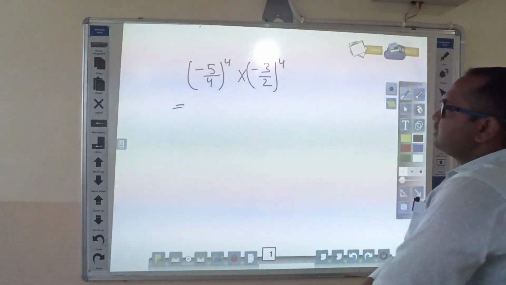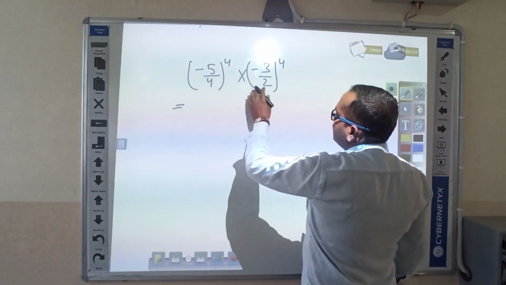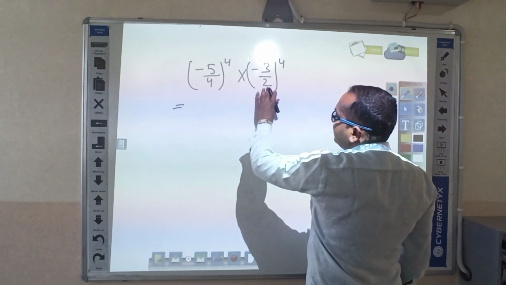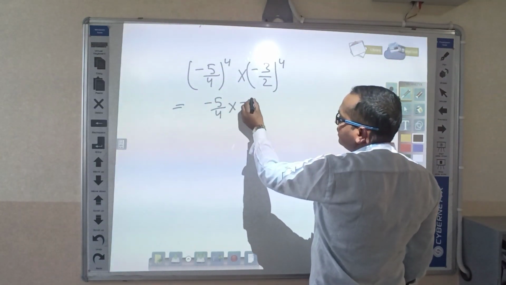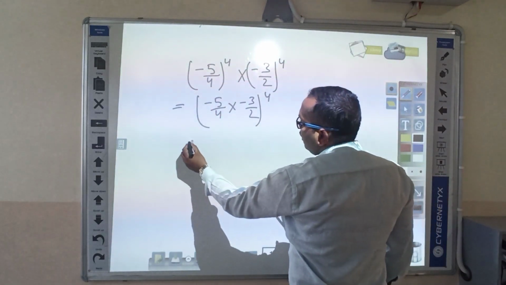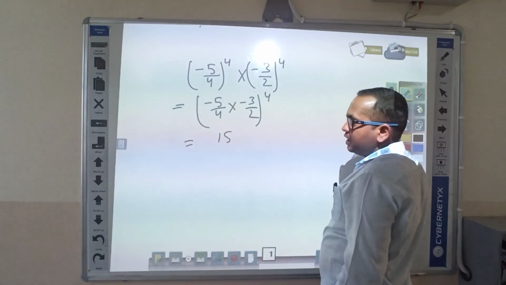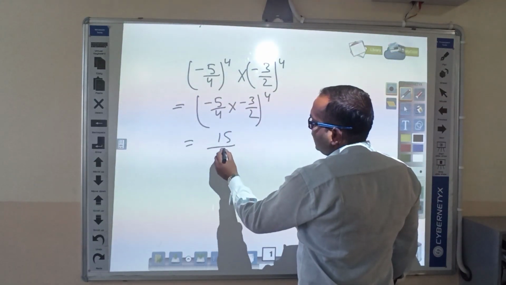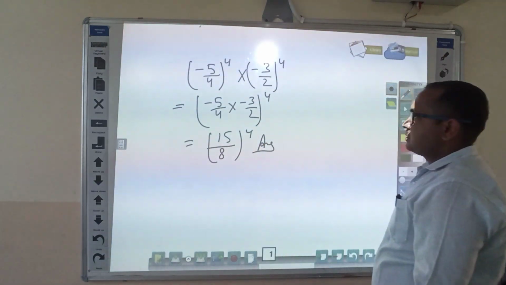Here the bases are different and the exponents are the same. So when the exponents are the same and the bases are different, we take the operation of the bases, taking the exponent common. So 5 × 3 is 15, minus comes 2 times so it gives plus, 4 × 2 is 8, to the power 4. This is the answer.